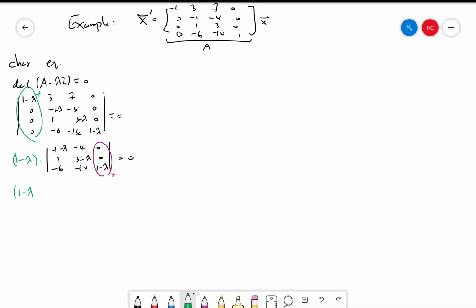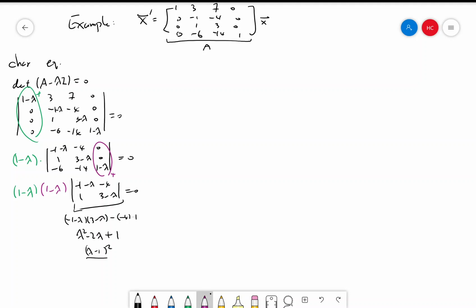So we have 1 minus lambda times another 1 minus lambda times this 2 by 2 determinant: negative 1 minus lambda, negative 4, 1, 3 minus lambda. This small part is equal to negative 1 minus lambda times 3 minus lambda, minus negative 4 times 1. So that's lambda squared, minus 3 lambda plus lambda, so lambda squared minus 2 lambda, minus 3 plus 4, so plus 1. So this is lambda minus 1 squared.